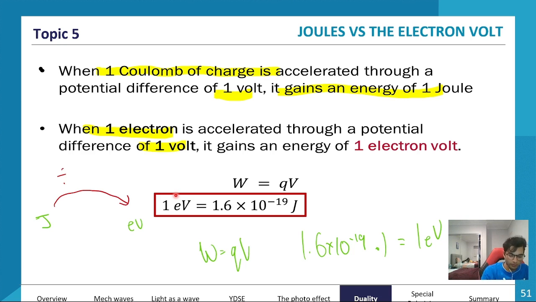And to go the other way around, you multiply by 1.6 times 10 to the negative 19. Hopefully that's right. So with this topic of photoelectric effect, your units can be given in either joules or electron volts, and your job is to convert between the two, depending on which is more feasible.